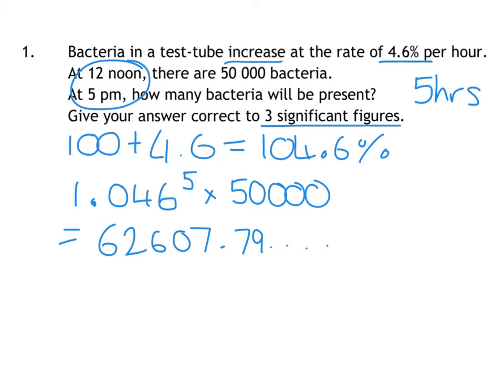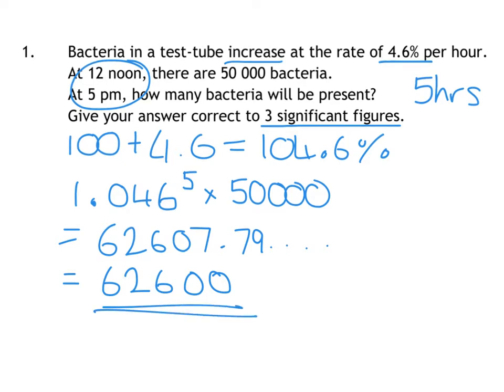So please always put down your unrounded answer first, just in case you can't do significant figures very well. Significant figures means I'm going to keep the 626 and the 07 both turned to zeros. So that will be the number of bacteria you will have after 5 hours. Okay? Nice. Standard bread and butter question for your question 1.